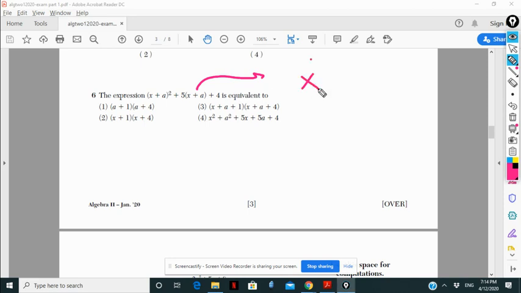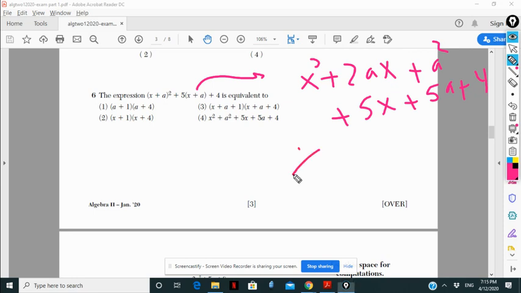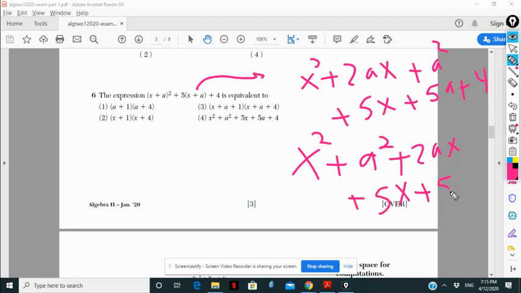That's x squared plus 2ax plus a squared, plus 5x plus 5a plus 4. Okay, so it should give me x squared plus a squared plus 2ax plus 5x plus 5a plus 4.